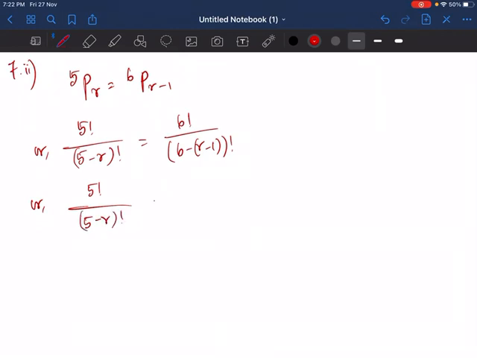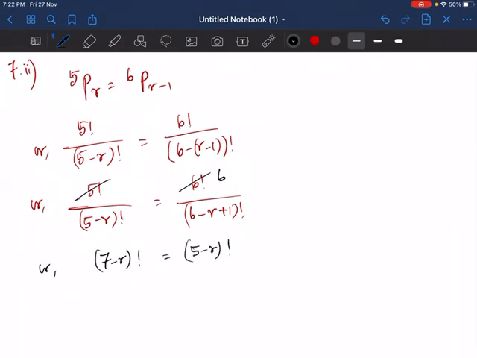Now if I cut this one with this one, here we get 6, right? If I cross multiply, we have (7 minus r) factorial is equal to 6 times (5 minus r) factorial. So this is what we have.